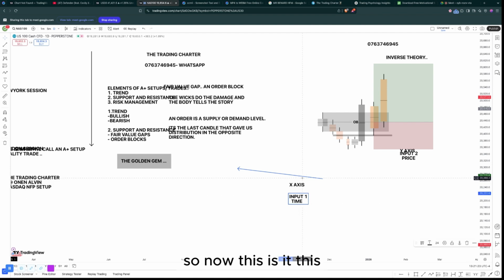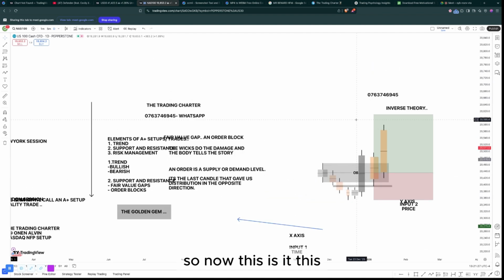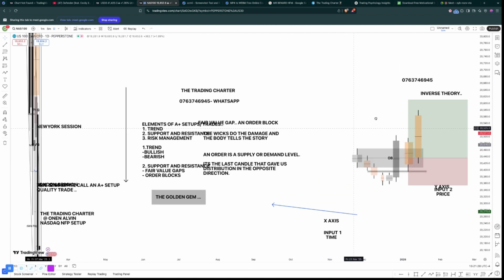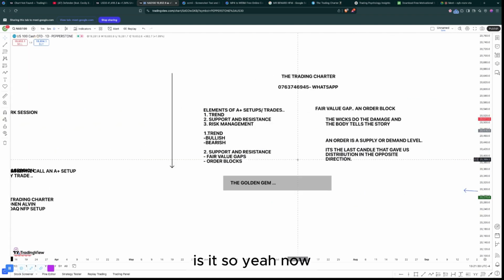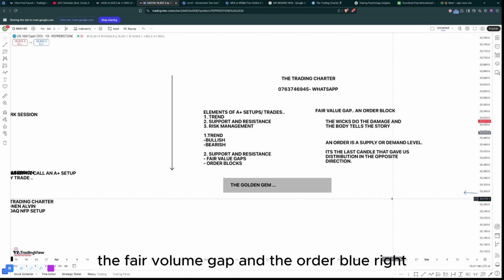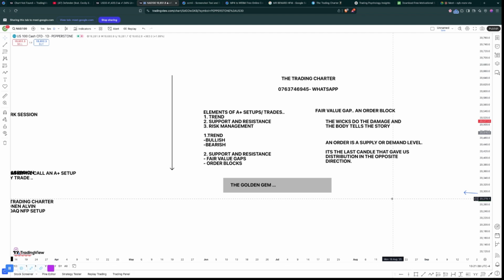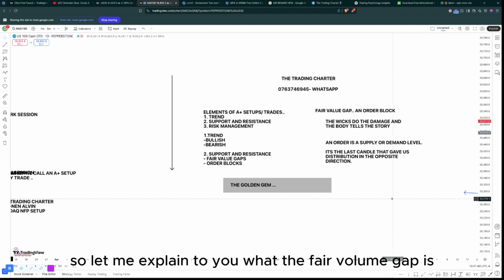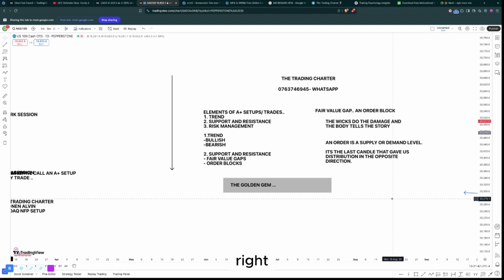So now, this is it. So yeah, now the fair value gap and the order block, right? So let me explain to you what the fair value gap is, right?